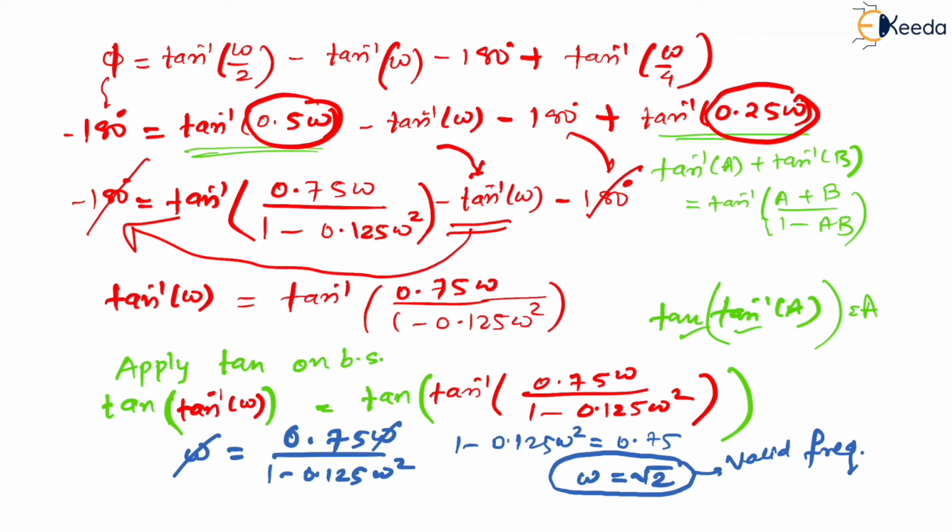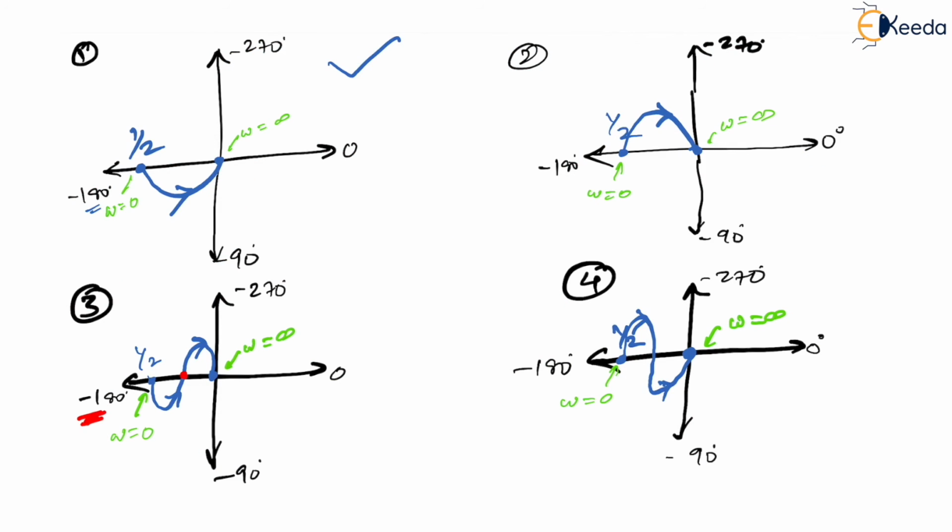What does that mean? Apart from omega equal to 0, where we know the angle is equal to minus 180 degrees, there exists another frequency for which the angle is equal to minus 180 degrees. Which means the first case and second case are discarded.